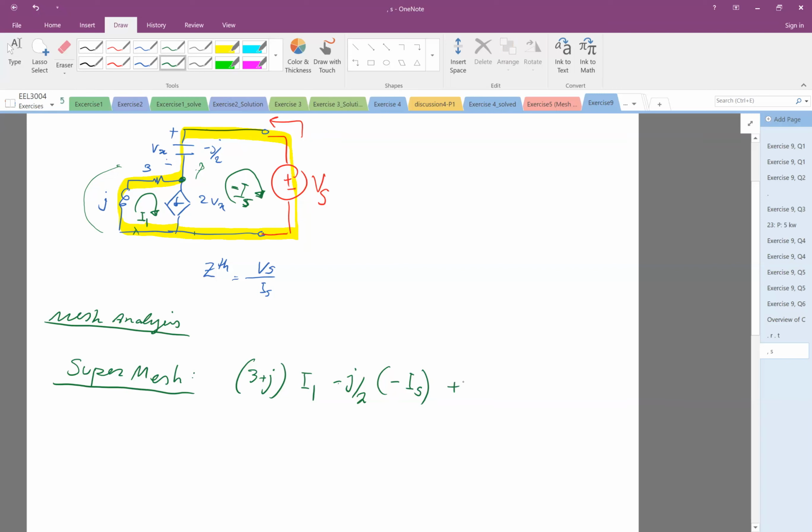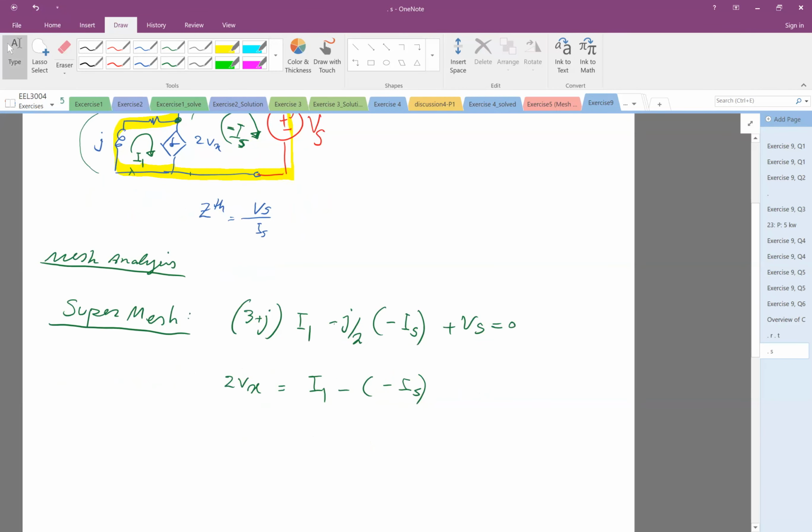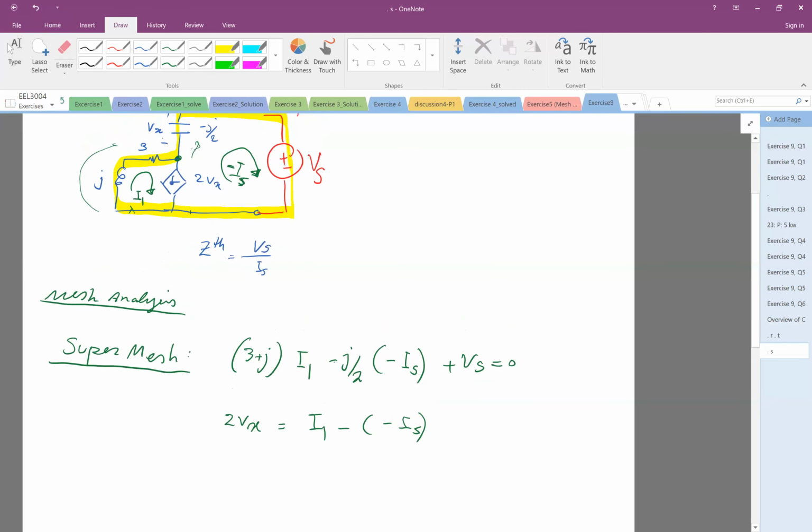And then plus Vs equal to 0. That is the supermesh, but also I have this current source, so I write the equation on the current source here. So 2Vx is I1 minus the current which is going up. Like this. Okay, so that's another equation.